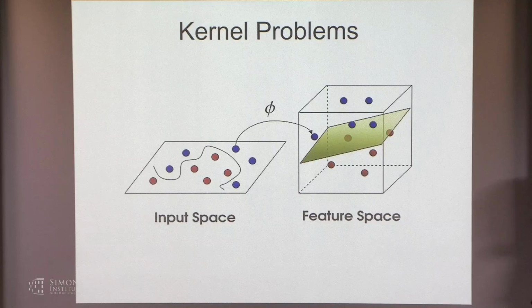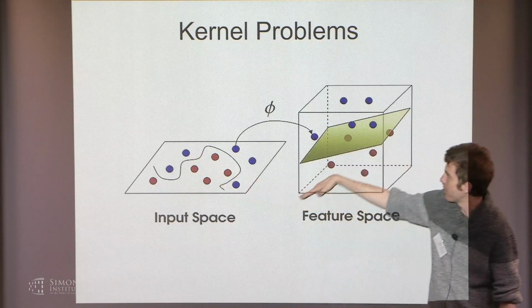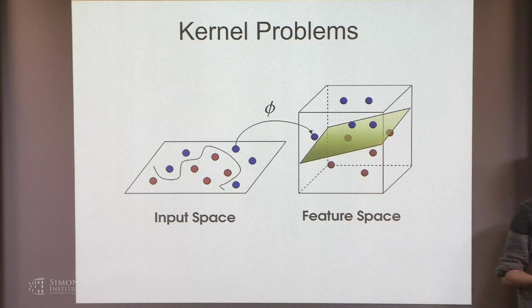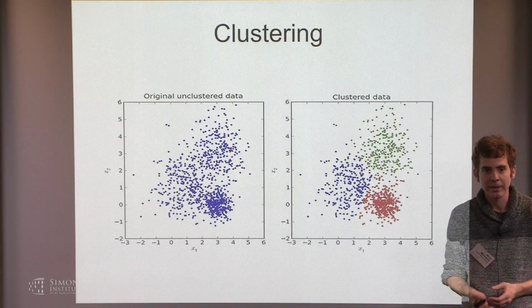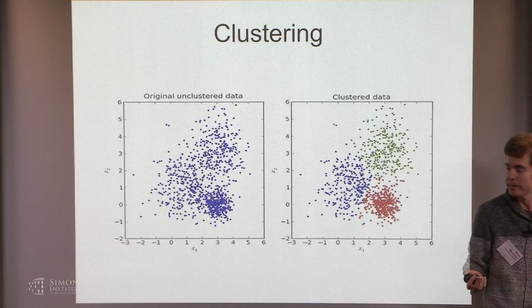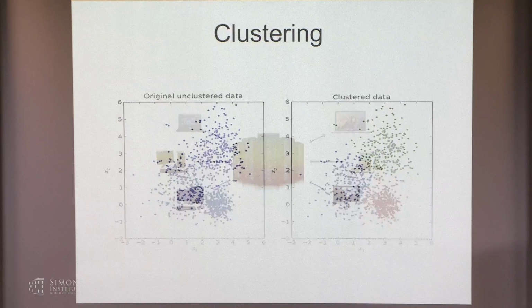There are kernel problems where you have points that are not linearly separable, but you can lift them to a space where they become linearly separable, and there are sketching-based algorithms to do this very quickly. Rasmus Pagh has a nice paper on this. Clustering, k-means clustering, you can write as a constrained version of low-rank approximation, and you can get very fast algorithms for k-means clustering based on fast algorithms for low-rank approximation.